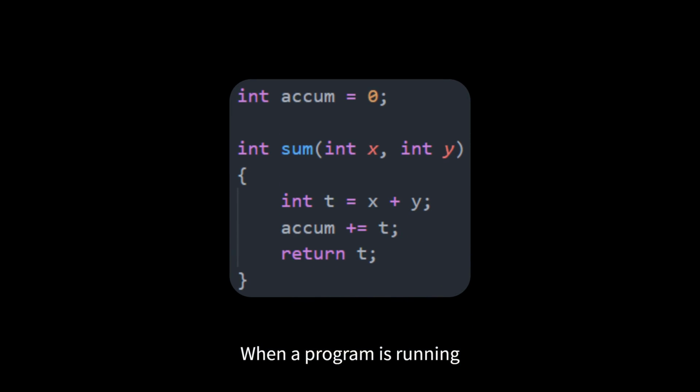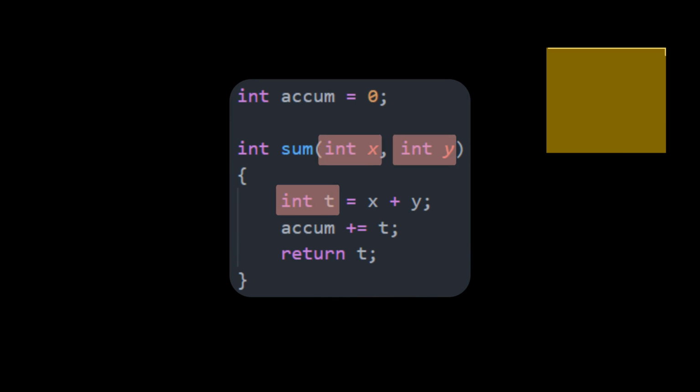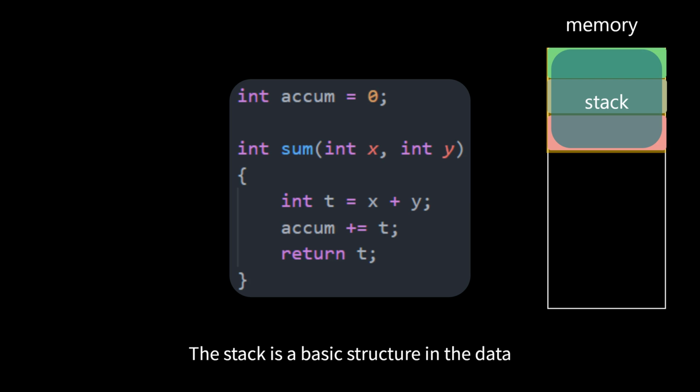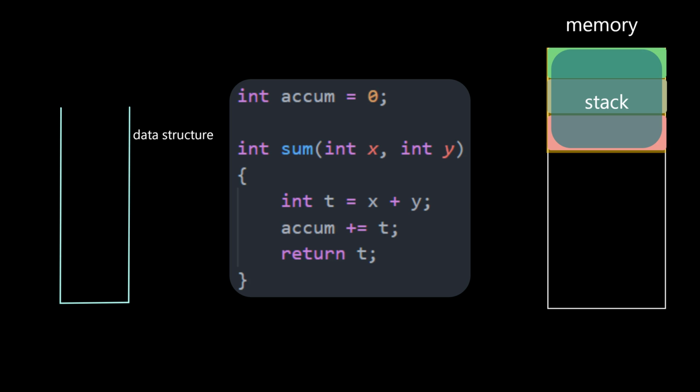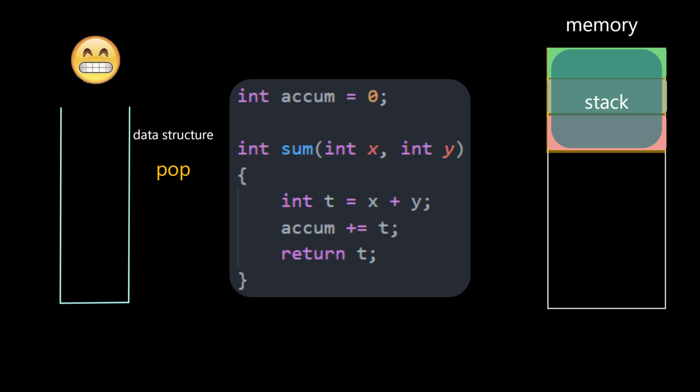When a program is running, local variables will be stored in an area of memory called the stack. The stack is a basic data structure with only two operations. One is push onto the stack, and the other is pop off the stack.